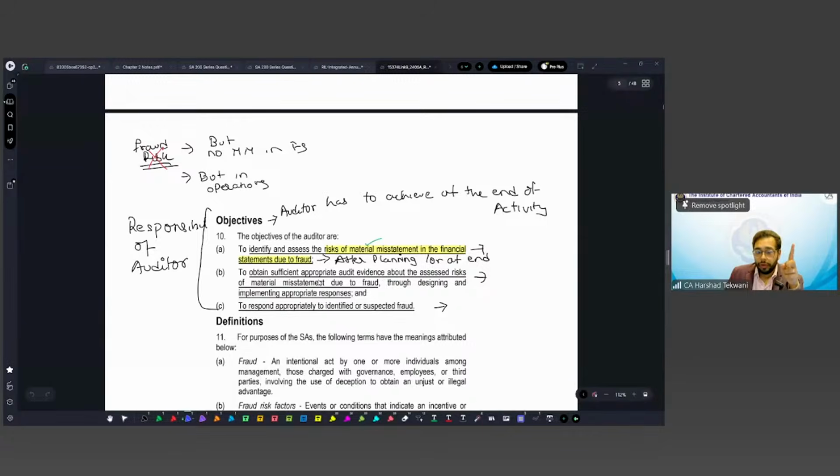Respond to the assessed risk of material misstatement, to obtain sufficient appropriate audit evidence about the assessed risk of material misstatement due to fraud through designing and implementing appropriate responses. That is the second objective. I need to achieve this objective. I need to obtain sufficient and appropriate audit evidence. What will I do?